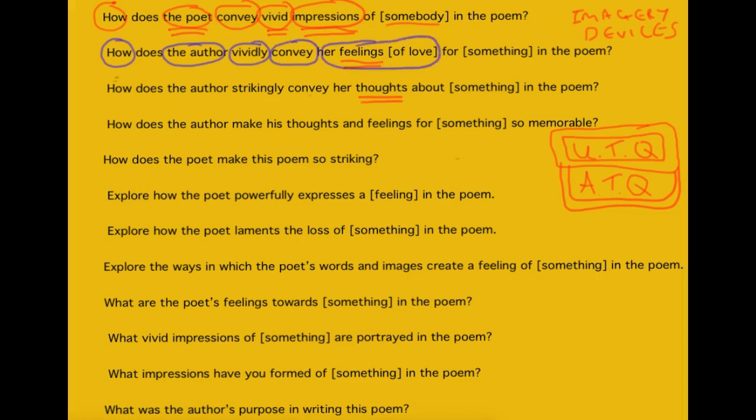So I would be looking in this poem to see how the author has shown feelings of love for something, throughout the poem by using the tools, the imagery, the devices, the poetic structure, the themes, the tones, the word choices, through the poem, which help convey in a strong and clear image in my mind, these things.